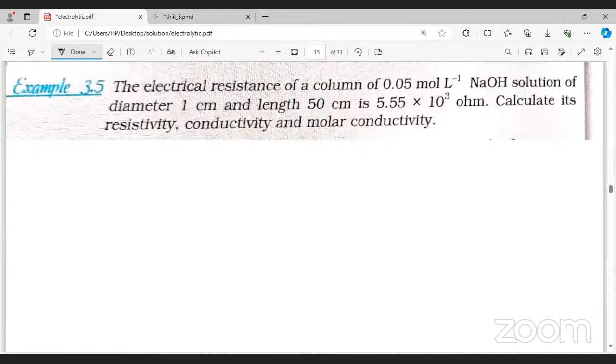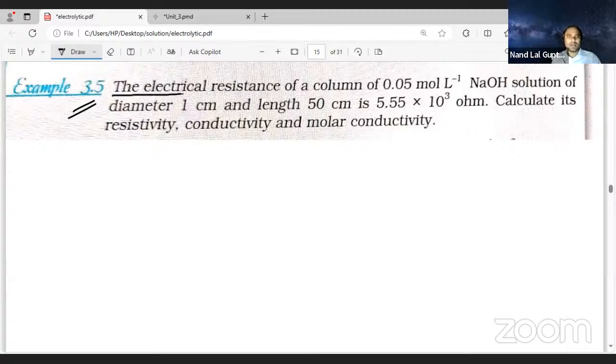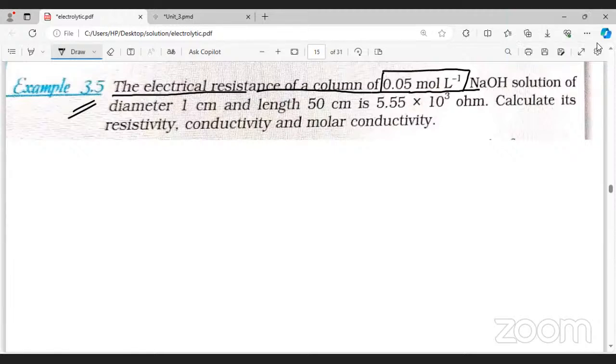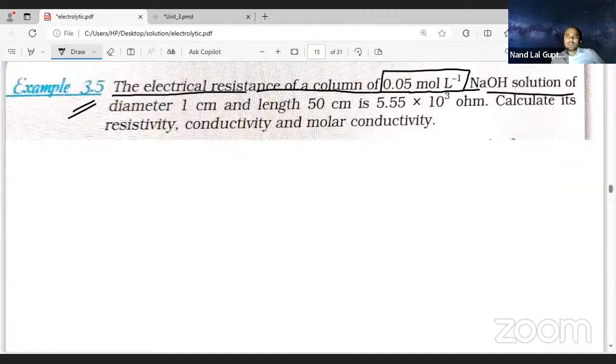This is example number 3.5. See, the electrical resistance of a column, column means electrode, of 0.05 mole per liter NaOH solution of diameter 1 centimeter.